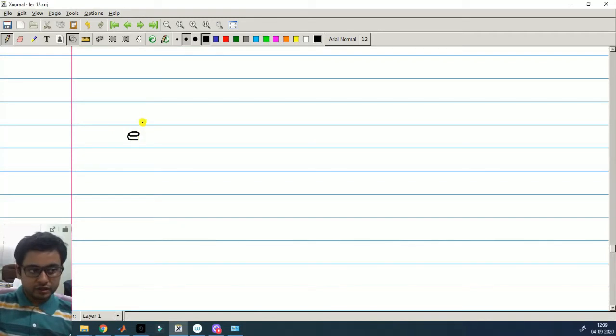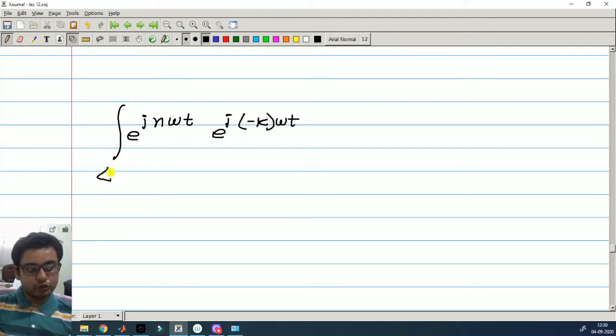If you have a complex exponential signal e to the power j n omega t, and you multiply it with e to the power j minus k omega t, and then integrate it over a complete period T, that means over the time of 2 pi by omega, then this result is 0 if n and k are not equal.